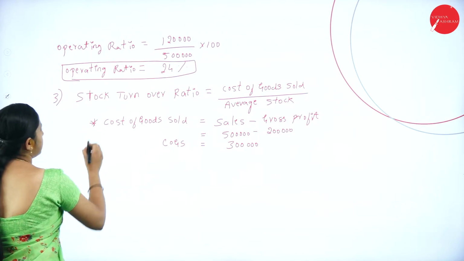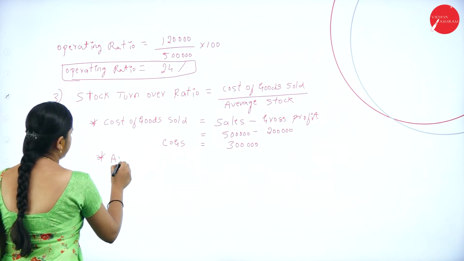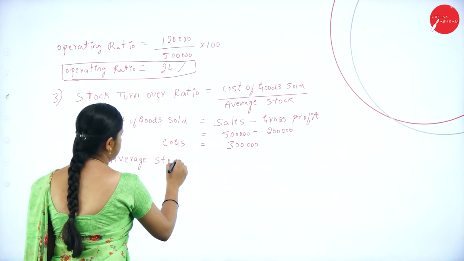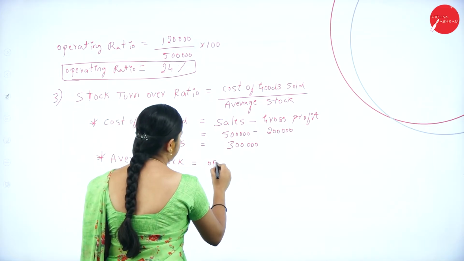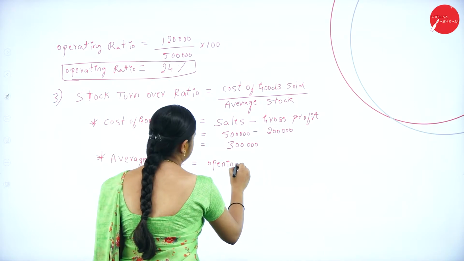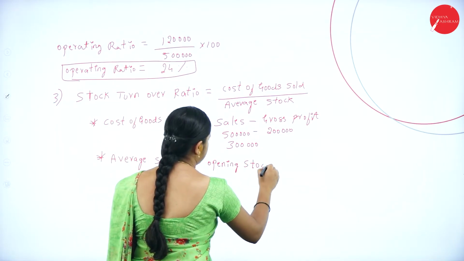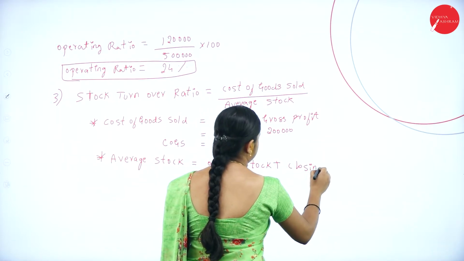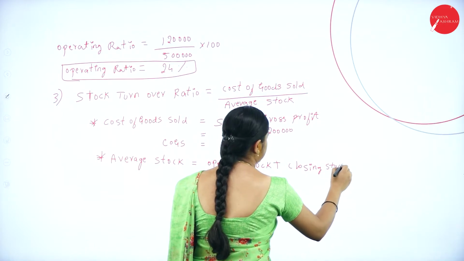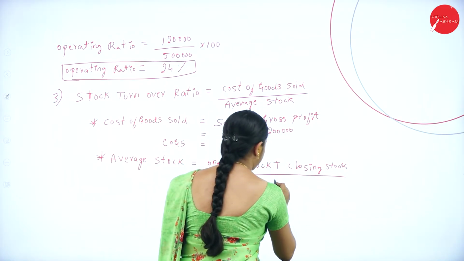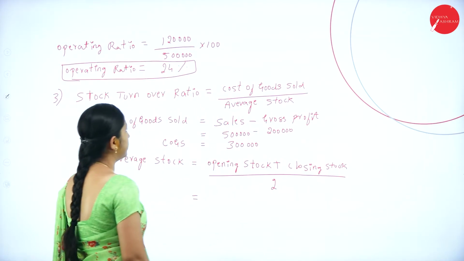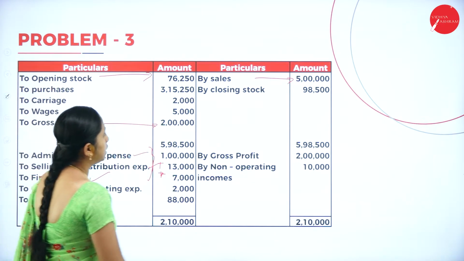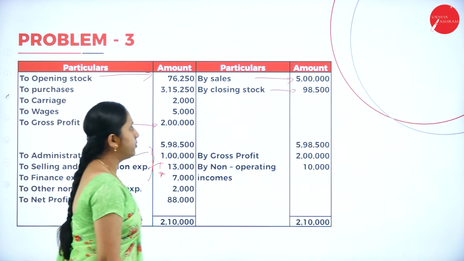Next, average stock. We need to calculate average stock. Average stock is equal to opening stock plus closing stock divided by 2. In this problem, opening stock is 76,250, closing stock 98,500.